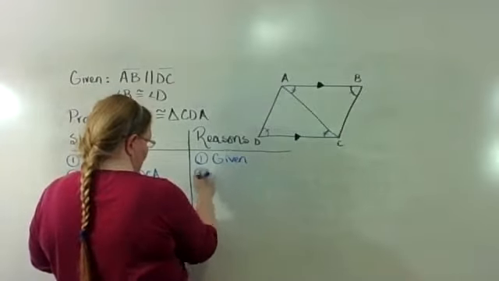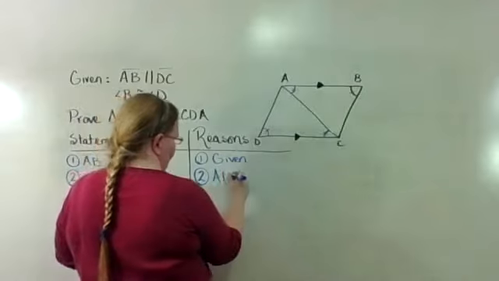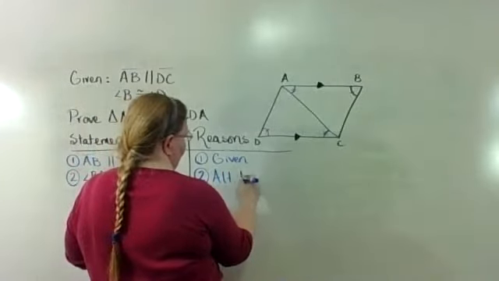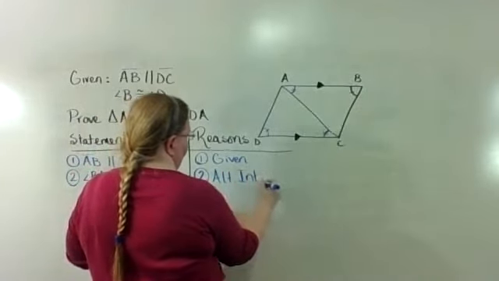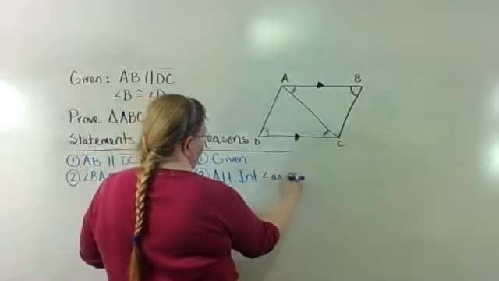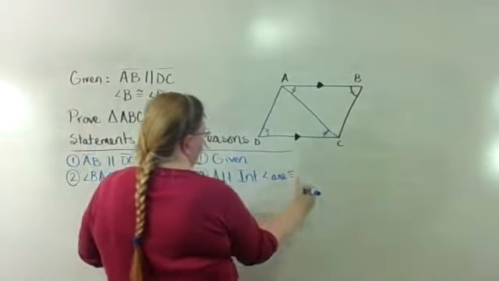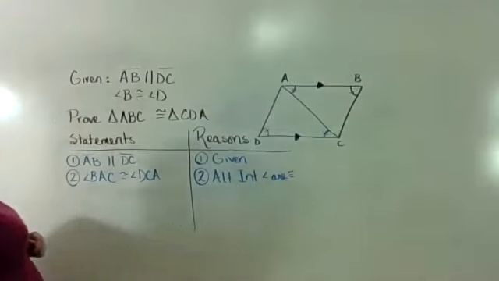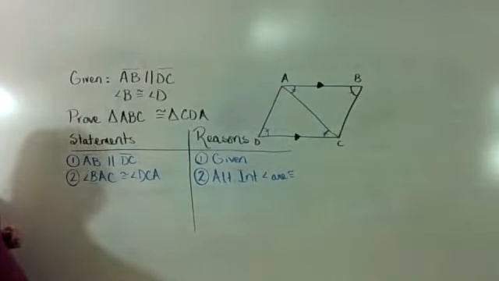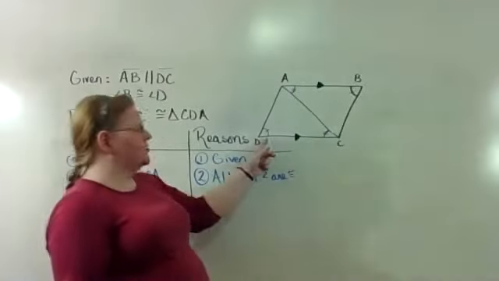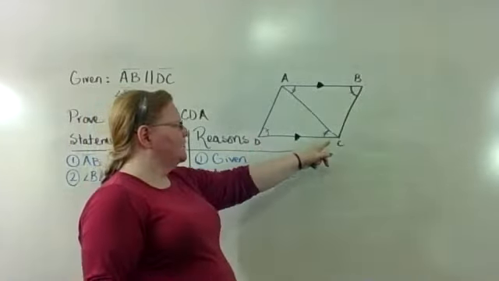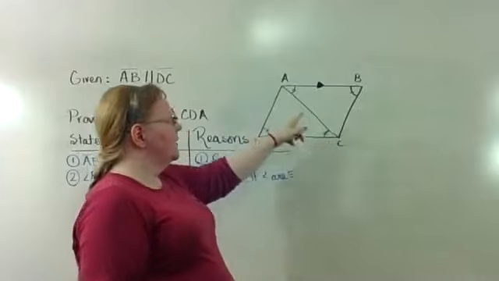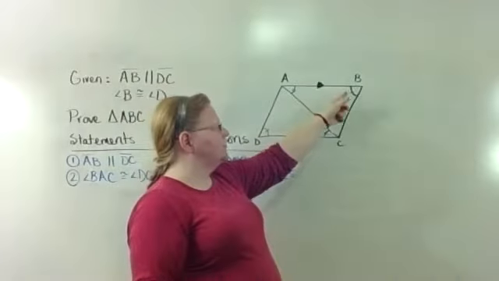But I'm just going to say we know it because they're alternate interior. Alternate interior angles are congruent. And now we have, in this triangle, two angles, and in this triangle, two angles.